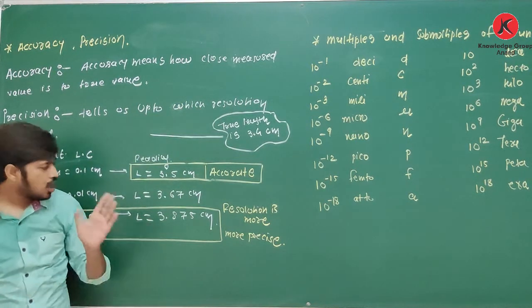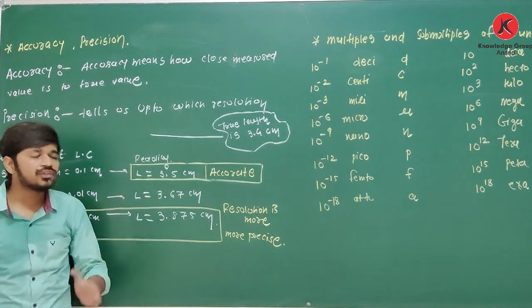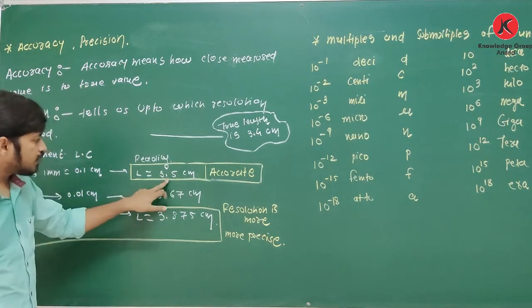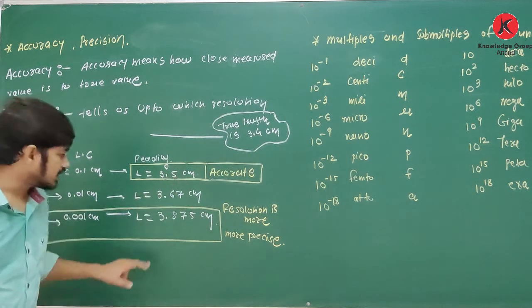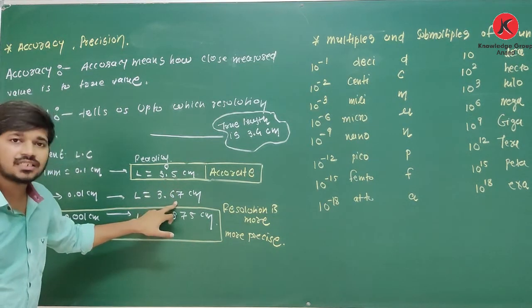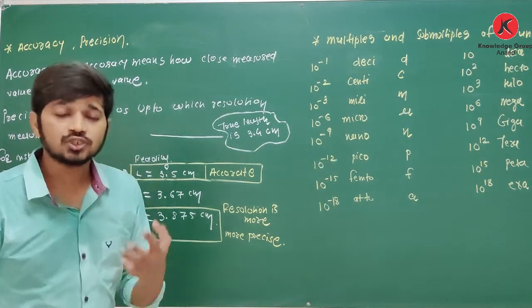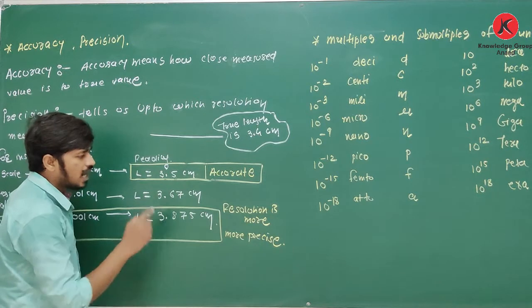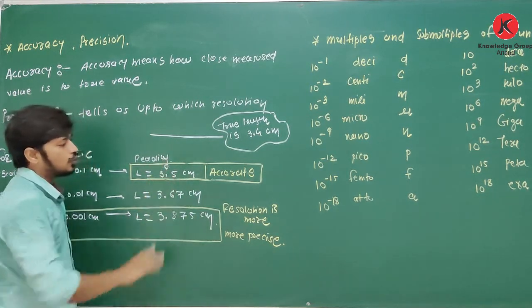And what about precision? Precision tells us up to which limit the measurement is taken. Here it is 3.5, which means after the decimal point we are certain about only one digit. In this case, we are certain about 2 digits. In this case, we are certain about 3 digits. So obviously this reading has higher resolution, and as it has higher resolution, it is more precise.